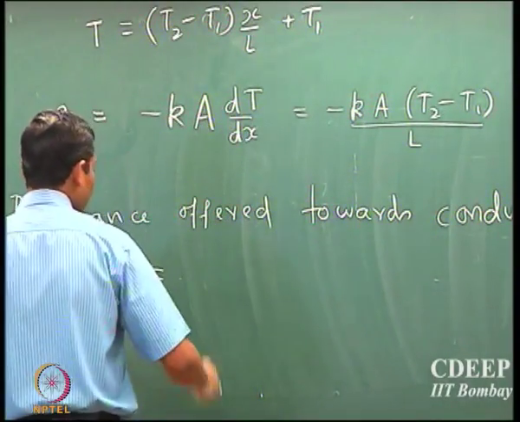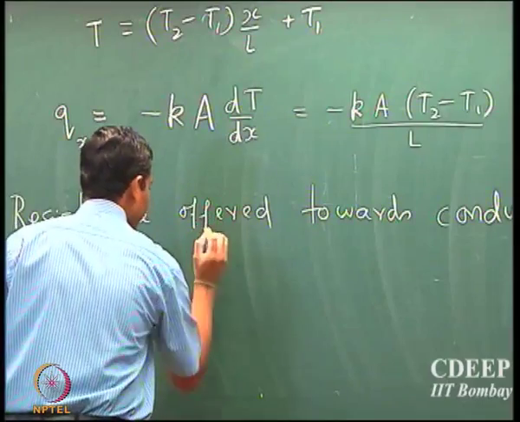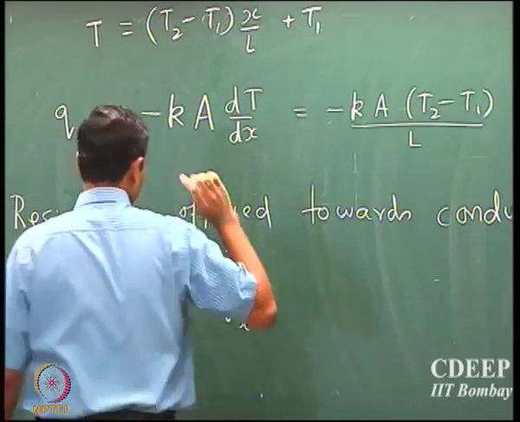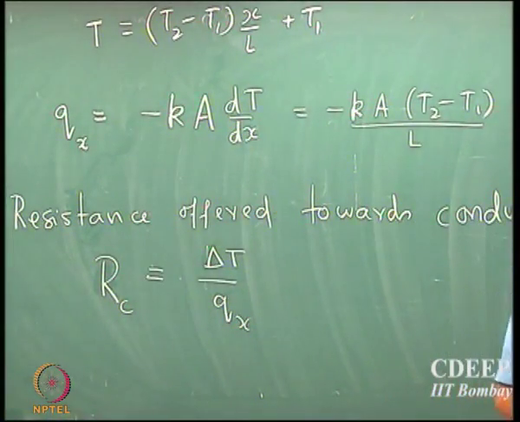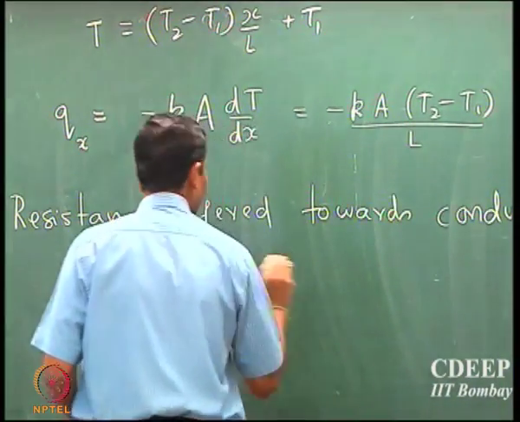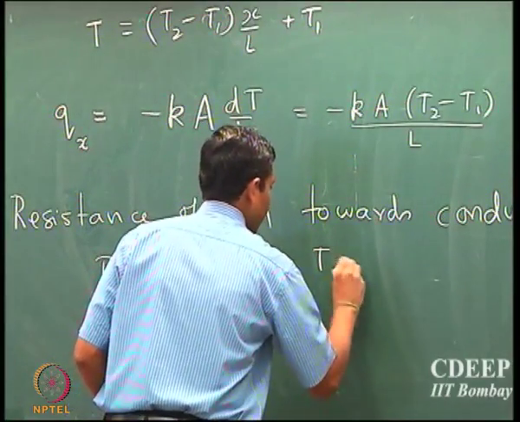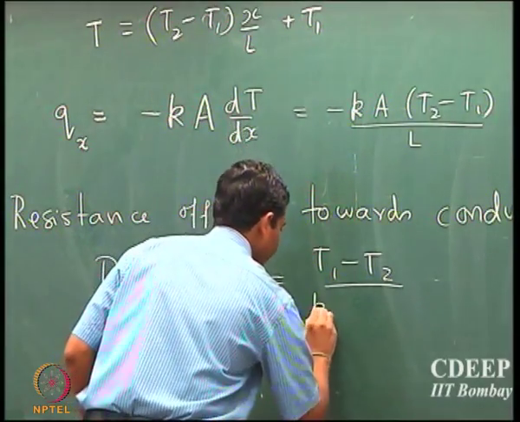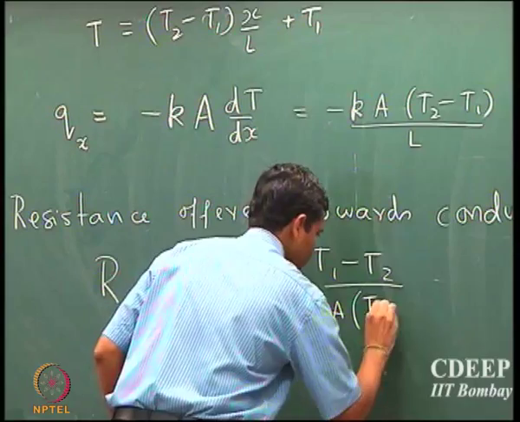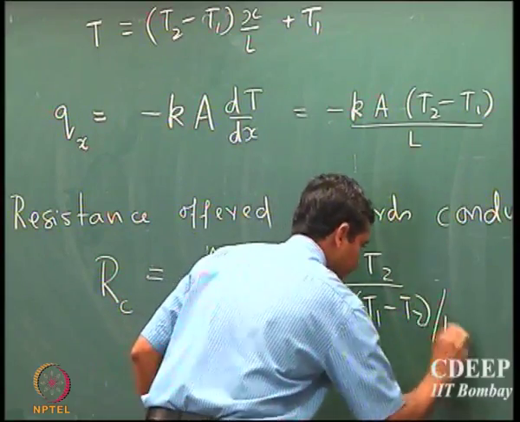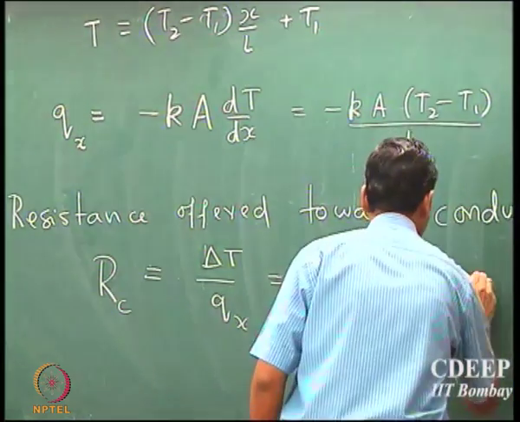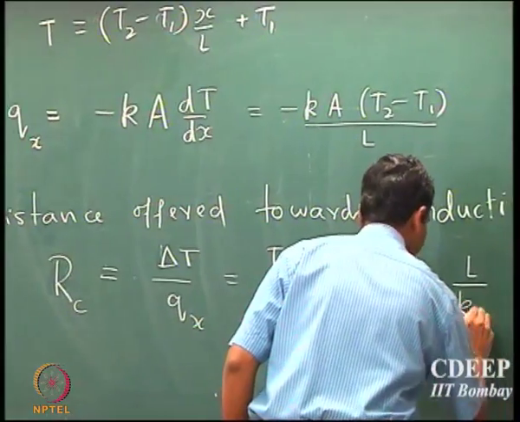Okay, so resistance offered is simply given by delta T divided by the rate at which heat is transported in that direction. And that is given by T1 minus T2 divided by K into A divided by L. Okay. I have just taken the minus sign inside, and so that is nothing but L by K into A.